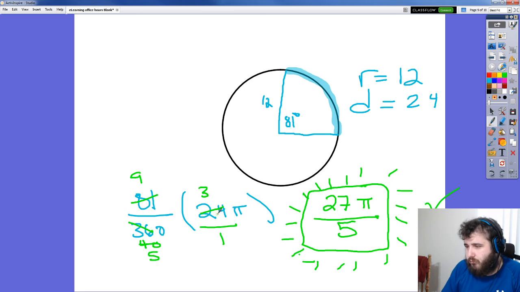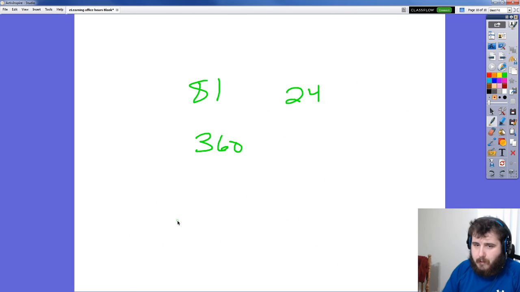It's a whole number, so that number's in a numerator. The 81's in the numerator, the 360's in the denominator. Anything in any numerator can cancel with something in the denominator. You just can't do double duty. So I could start with the 24.